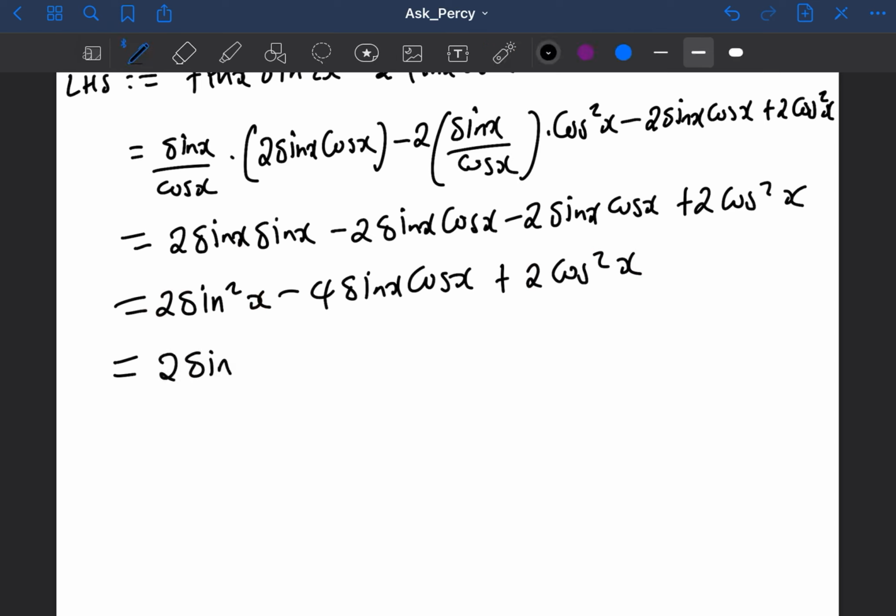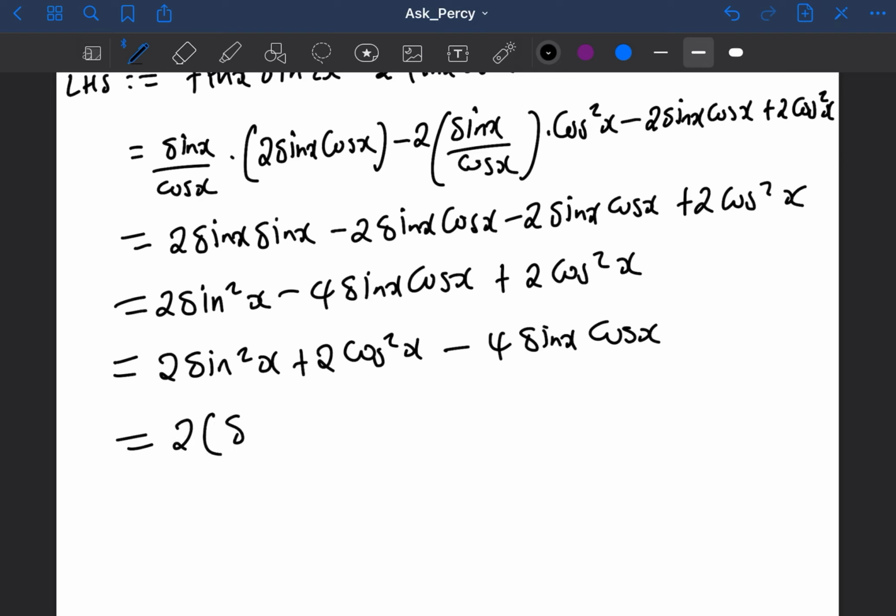Say, okay, cool, we have this plus 2 cos squared x minus 4 sine x cos x. Now, for 2 sine squared x plus 2 cos squared x, if you factor out 2, you'll be left with sine squared x plus cos squared x. Remember, this is the minus.